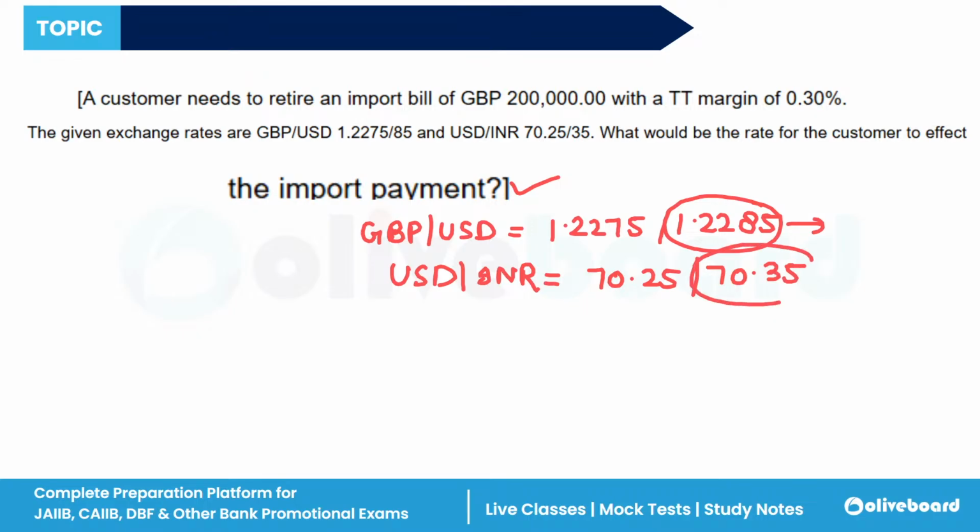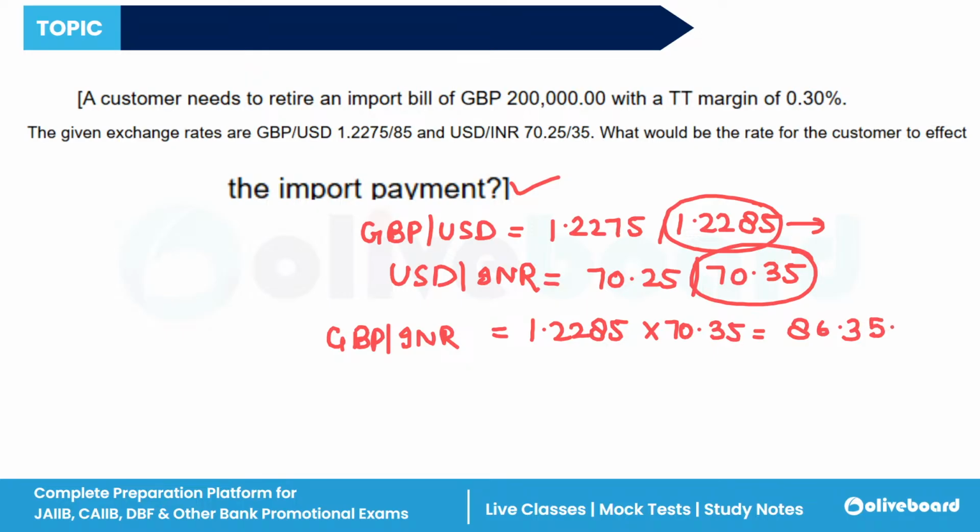So use the ask rate here. So the British pound INR rate is 1.2285 multiplied by 70.35, which equals 86.8475.